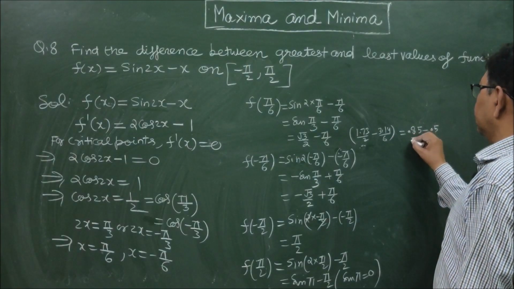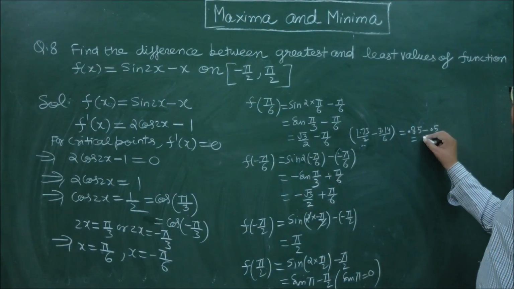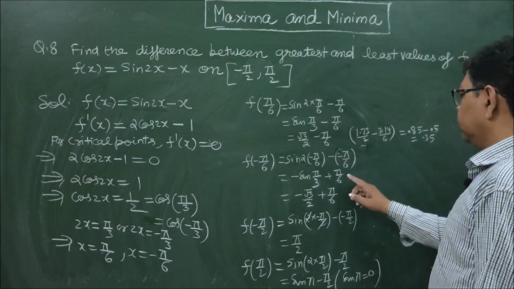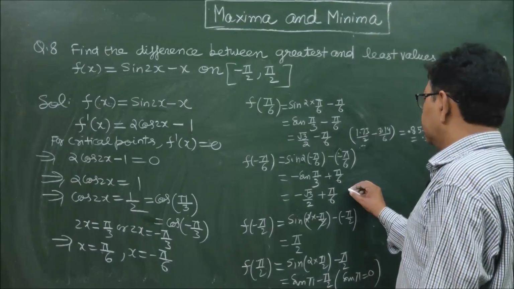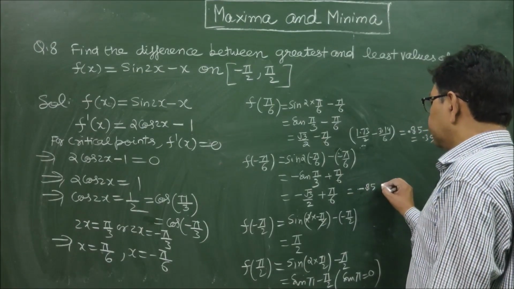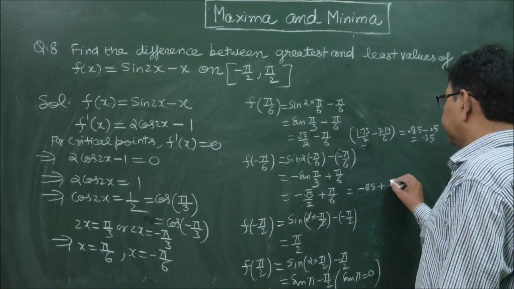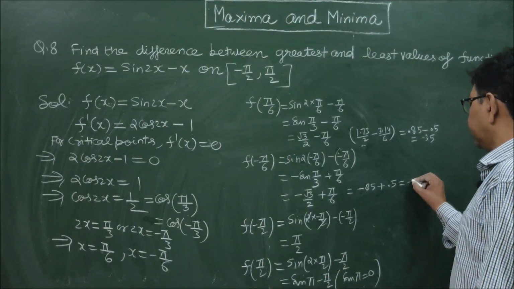So nearly 0.85 minus 0.5 is 0.35. And the second value, which is minus root 3 by 2 plus pi by 6, is minus 0.85 plus approximately 0.5, so minus 0.35.